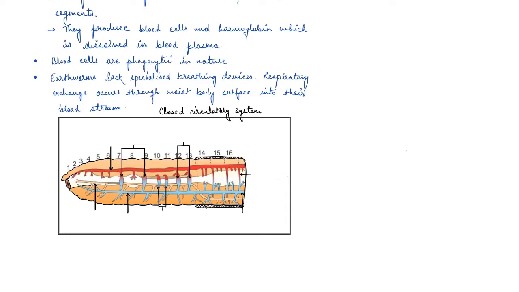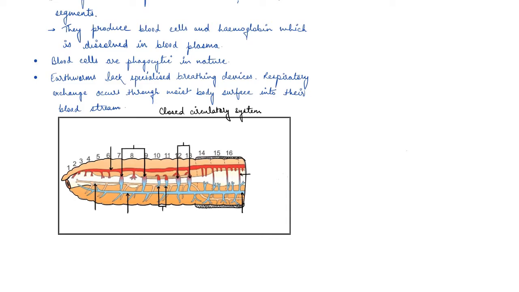Since it is closed, the blood is pumped from the heart in one direction, and smaller blood vessels supply the blood to the gut, the nerve cord, and the body wall, right?